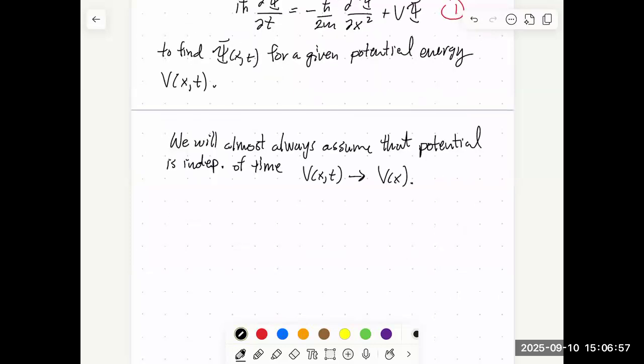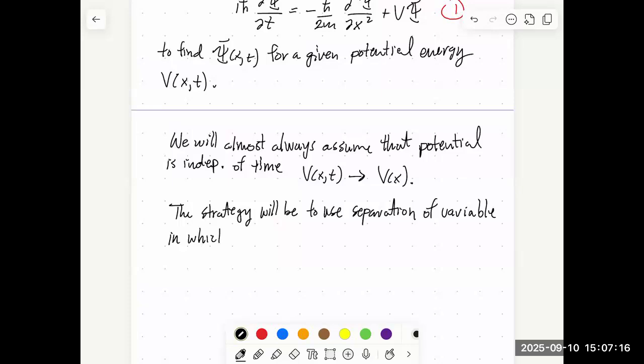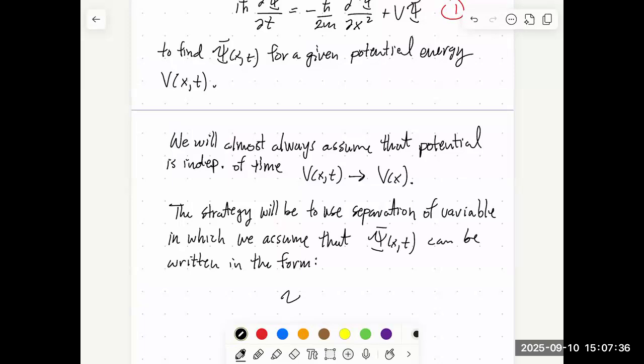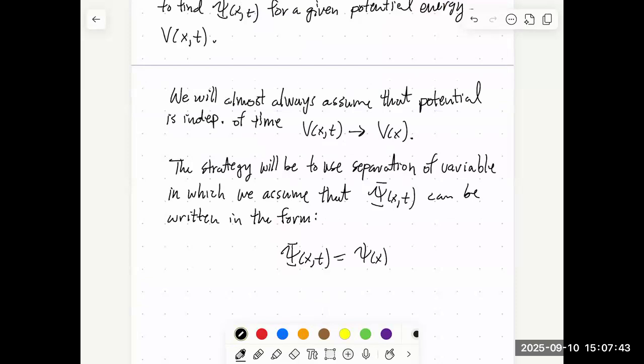Okay, so the strategy will be to use separation of variables, in which we assume that the wave function, which is a function of position and time, can be written in the form, it's going to have some ψ of x.